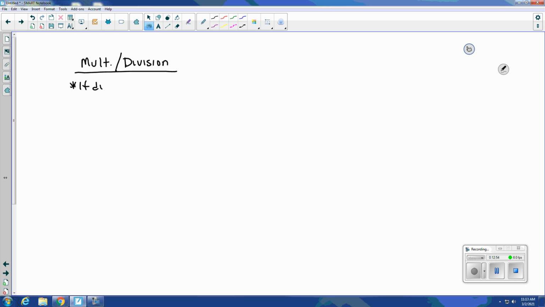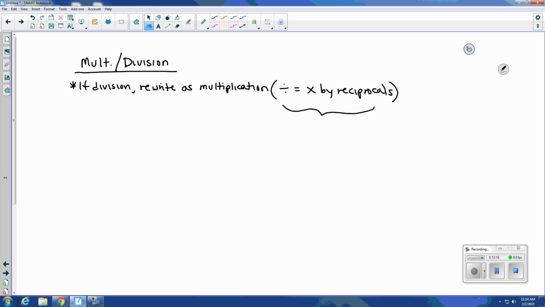So if division, rewrite as multiplication, which again is division equals multiply by reciprocals. So dividing by a is equal to multiplying by 1 over a. That's what we're saying there. So that's the first thing you want to do if you have a division problem. If you have multiplication, then we're ready to go.